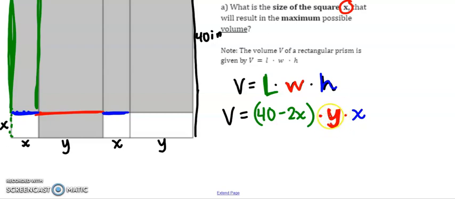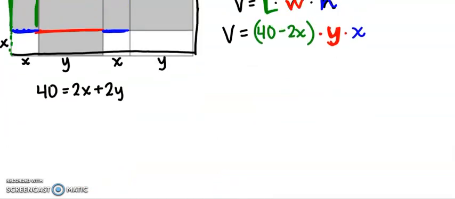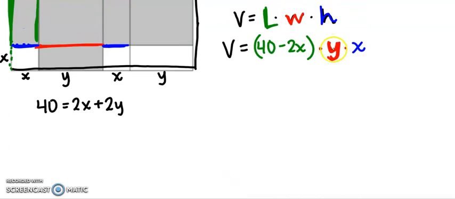Okay, I need a helper equation. Well, I know that this whole thing started out as 40. So 40 is equal to 2x plus 2y. Great, lovely. This is my helper to help me solve for y.